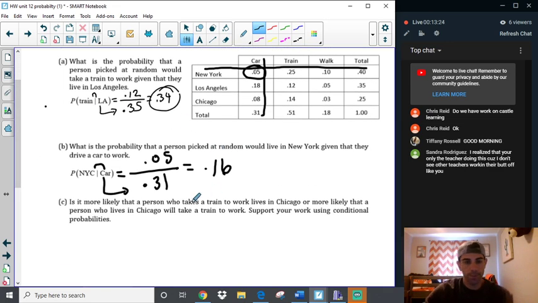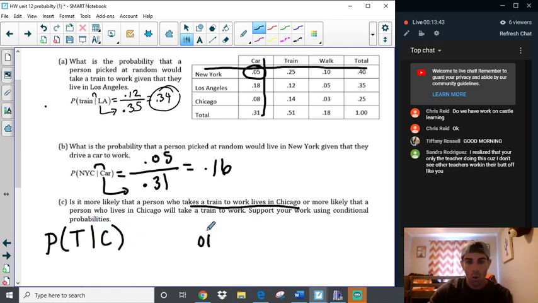And see what is more likely to occur, that a person who takes a train to work lives in Chicago. So again, person takes a train, lives in Chicago. If I'm going to write that out, it's train given that they live in Chicago, okay, and they're going to take the train to work.